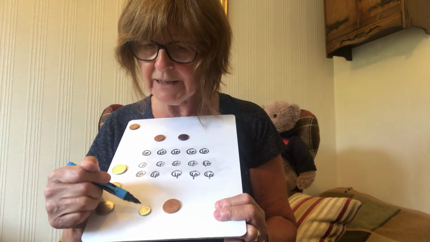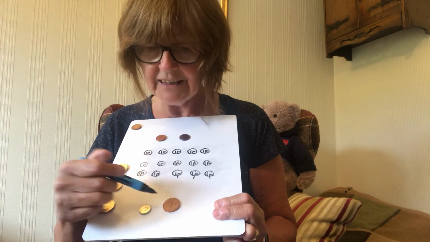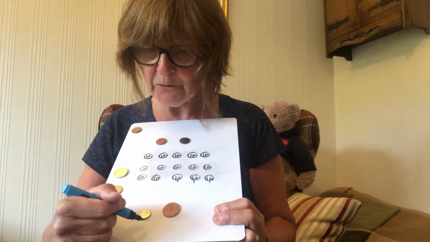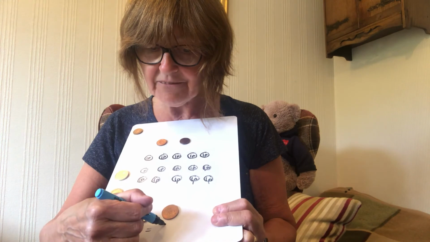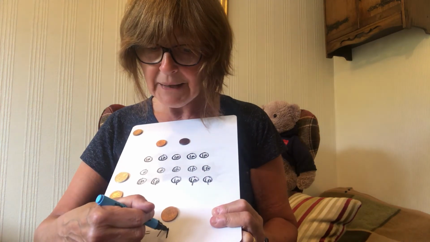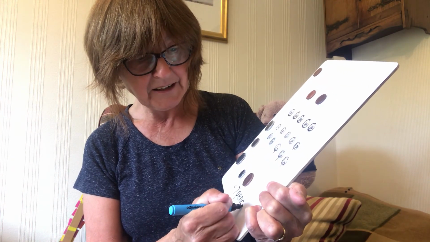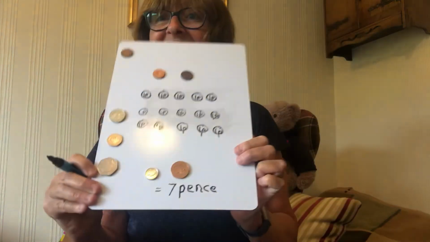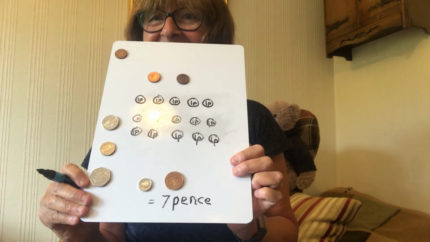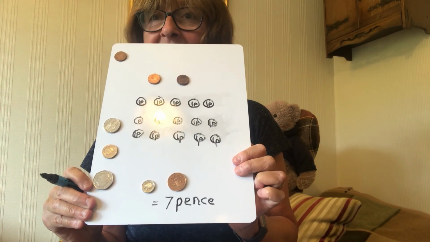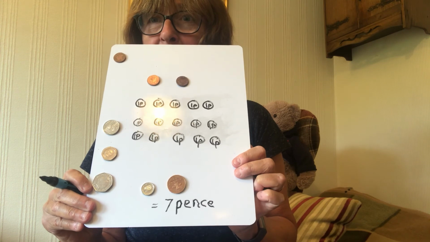So you could go 1, 2, 3, 4, 5, 6, 7. So together you would have 7 pence. 7 pence. Just like that. See that? And that's when we start adding up coins.